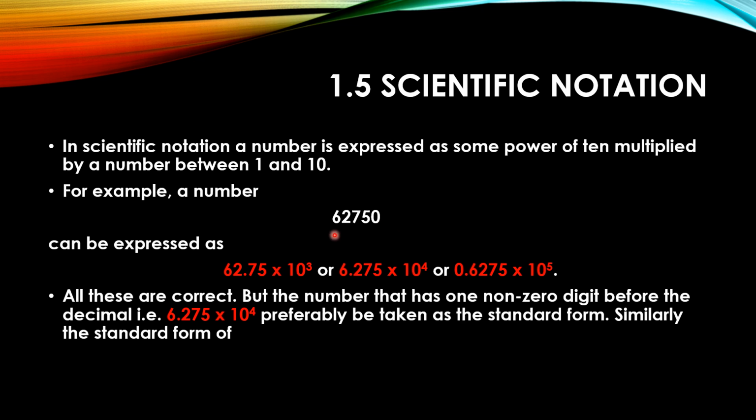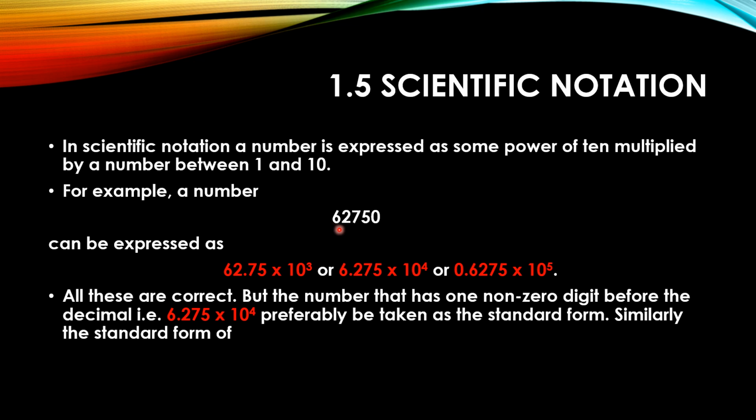If we are having a larger number, we will consider the decimal at the end of the figures, and we have to place that decimal after the first non-zero digit. In this case, we will move the decimal from right towards left.